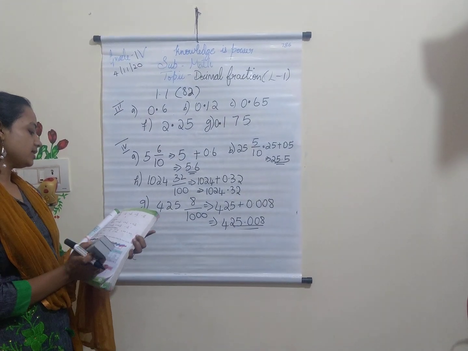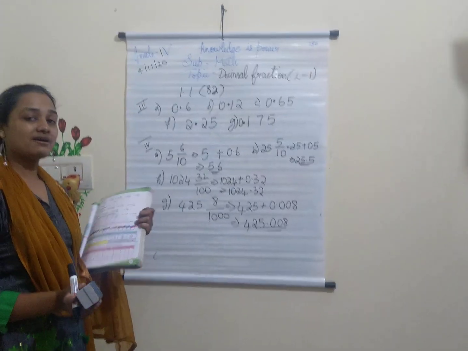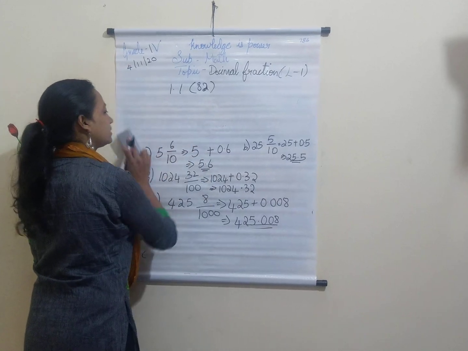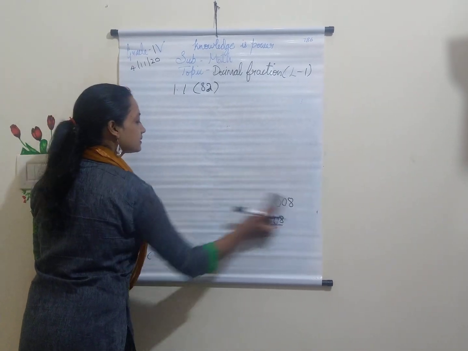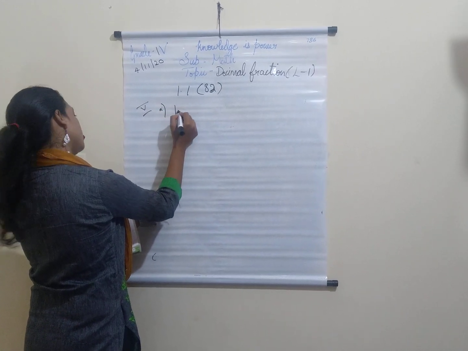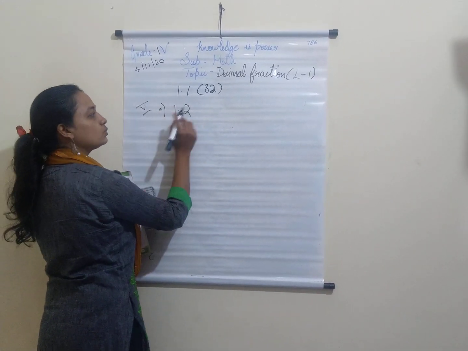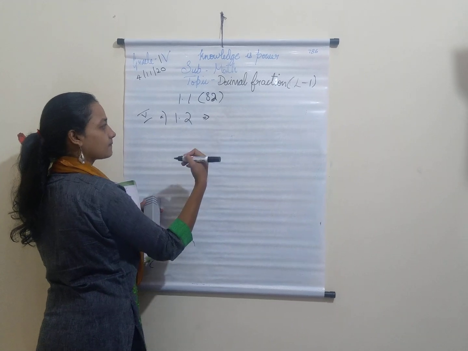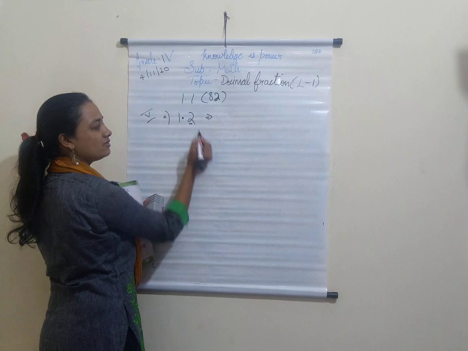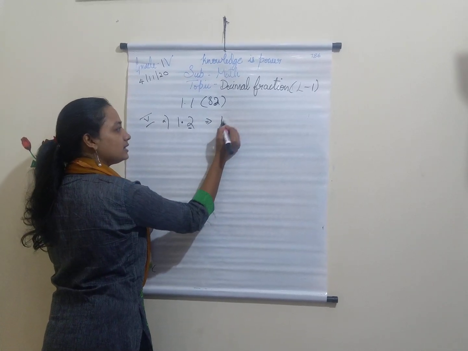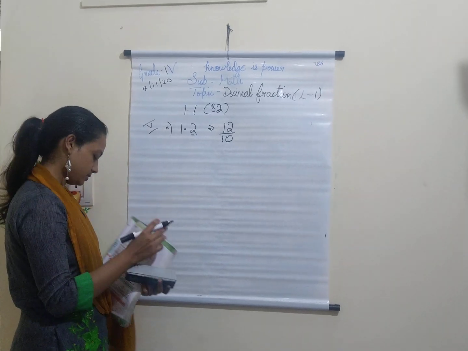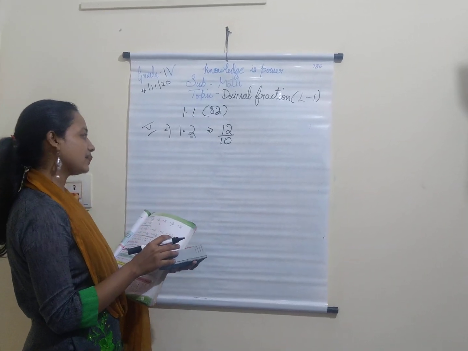Convert the mixed decimal into fractions. So they have given in the decimal part, you have to write it in fraction part. First one, 1.2. So this one is written as, because after my decimal point I have only one number, it can be written as 12 by 10. But they have not asked you to write like this.